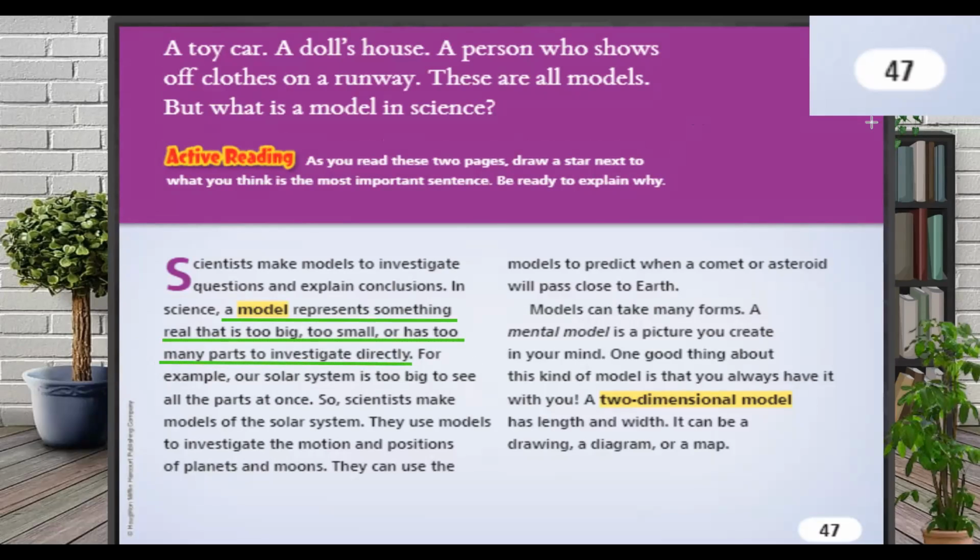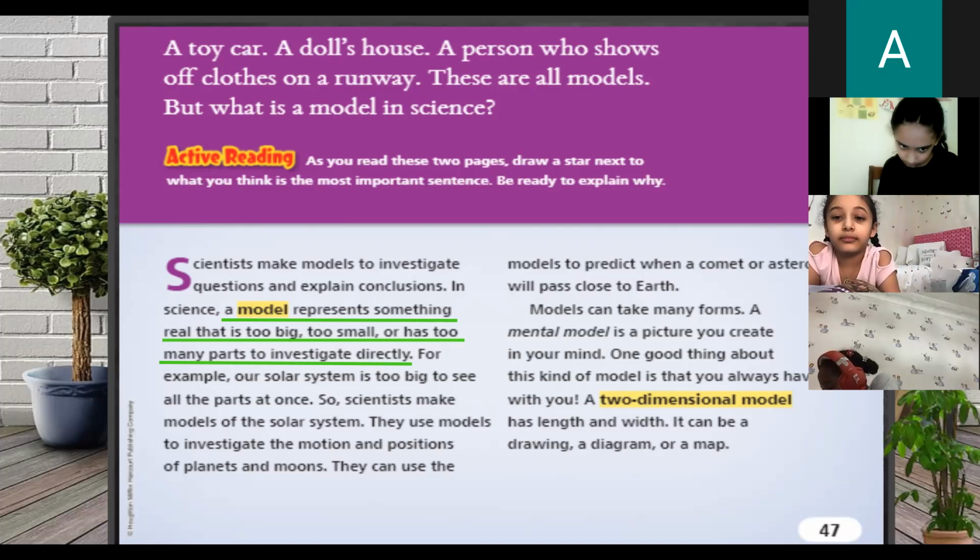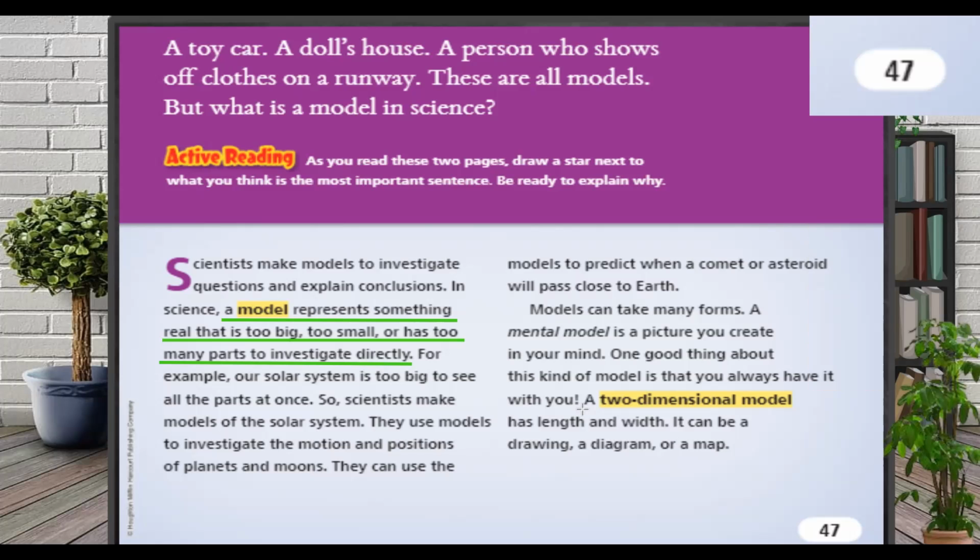Excellent, thank you. Now, Maria, can you tell me what is a two-dimensional model? A two-dimensional model is like when you measure paper. Excellent. Yes, this is an example of a two-dimensional model.